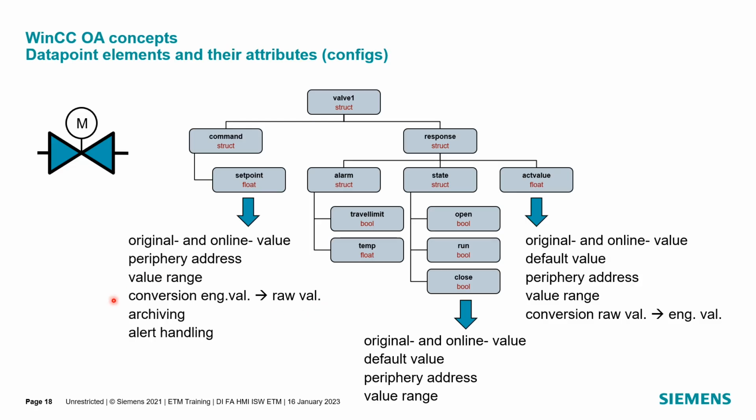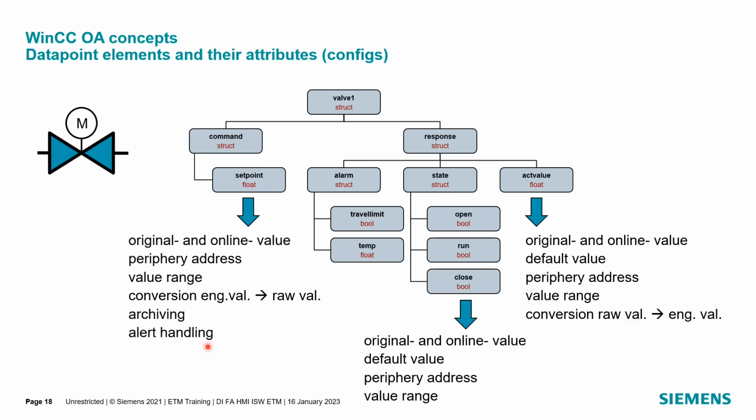Or we can do an archiving config on it, which gives us the feature to store our data in a historical way. Or we attach an alert handling, so we can act on the values itself.